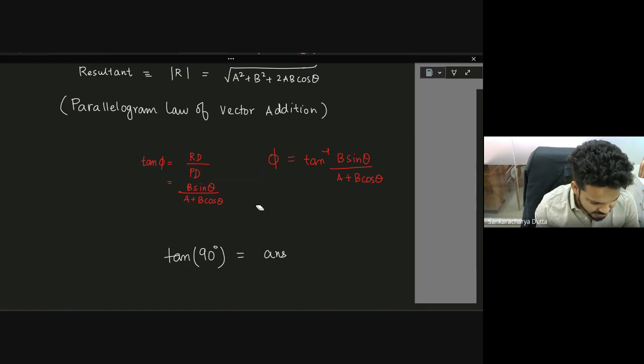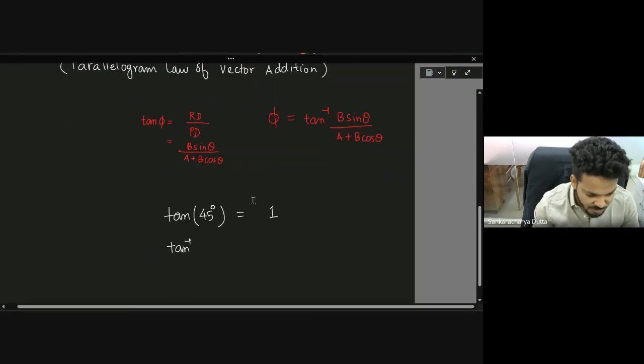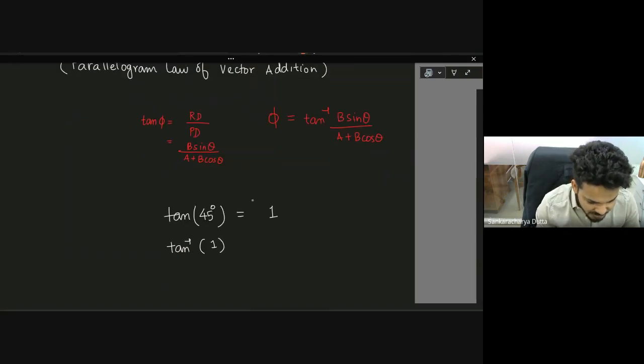The answer will be a real number, not an angle. For example, tan 45 degrees is 1, the real number. But in the inverse function, tan inverse of 1, the real number, gives you an angle. So I want you to reframe your question if you understood.